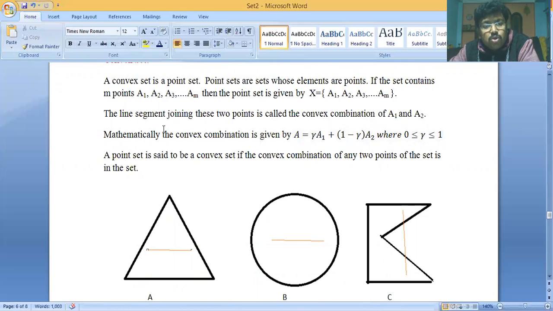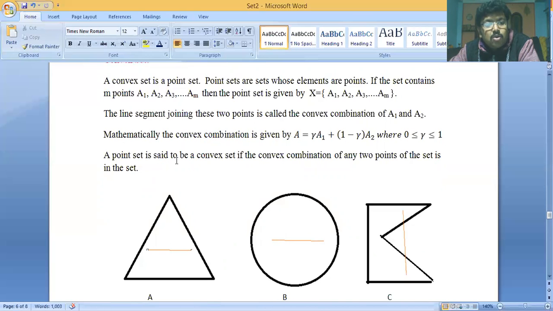So mathematically, the convex combination is given by A equal to gamma A1 plus 1 minus gamma A2, where the value of gamma is greater than or equal to 0 and less than or equal to 1. So a point set is said to be a convex set if the convex combination of any 2 points of the set is in the set.